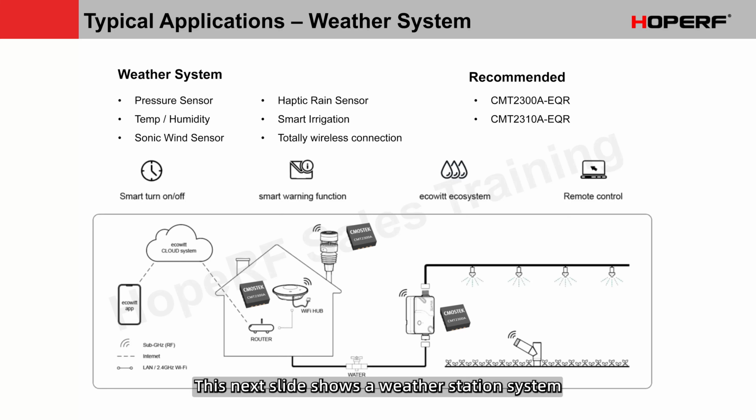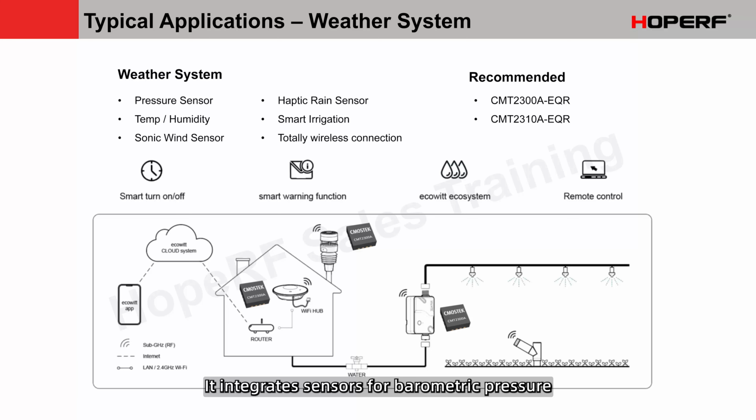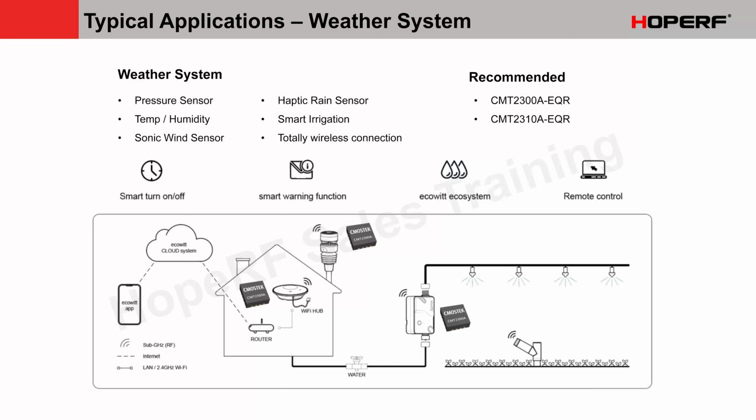This next slide shows a weather station system, which is great for gardening enthusiasts. At the heart of this setup shown in the middle is an outdoor weather sensor unit. It integrates sensors for barometric pressure, rainfall, ambient temperature and humidity, wind direction, wind speed, and other weather variables. It uses Sub-G wireless to send this data to an indoor receiver unit, which then routes it to a cloud platform via a gateway.